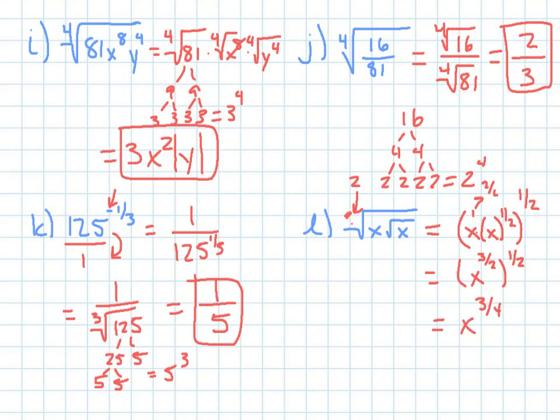Now you can choose to rewrite this back to a radical, but you could leave it as a rational exponent unless suggested otherwise. So the radical would be the fourth root of x cubed, but having it like these, either would be right. Okay, so either could be your answer.